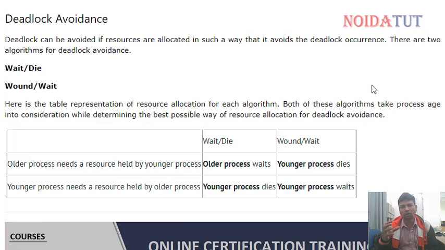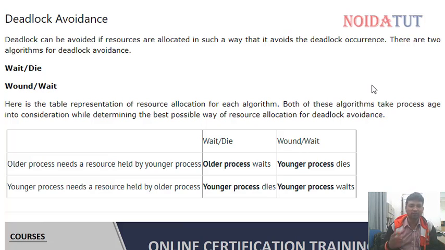Talking about deadlock avoidance, deadlock can be avoided if resources are allocated in such a way that it avoids the deadlock occurrence. There are two algorithms for deadlock avoidance: wait-die and wound-wait.